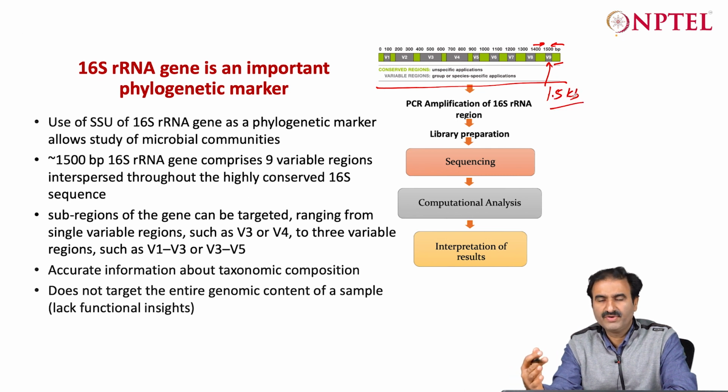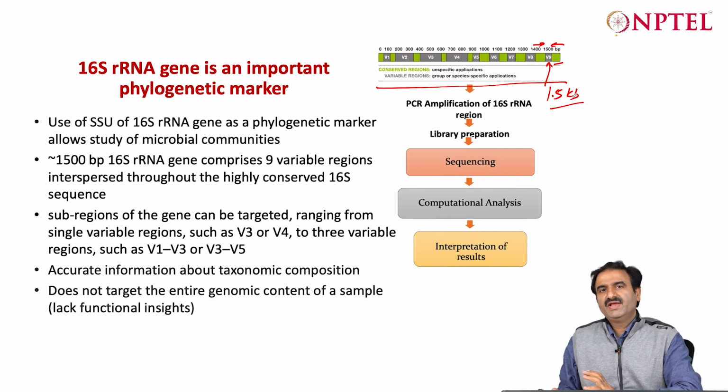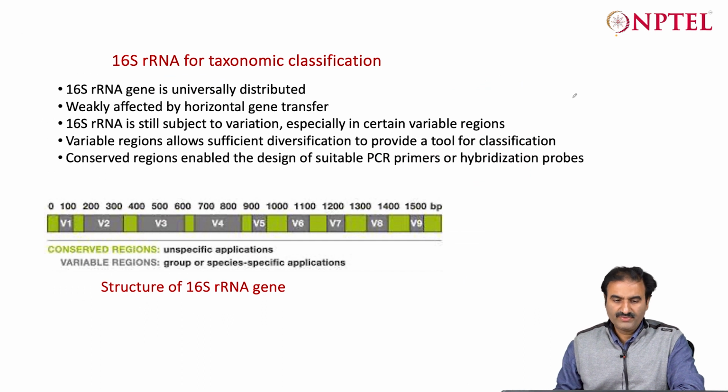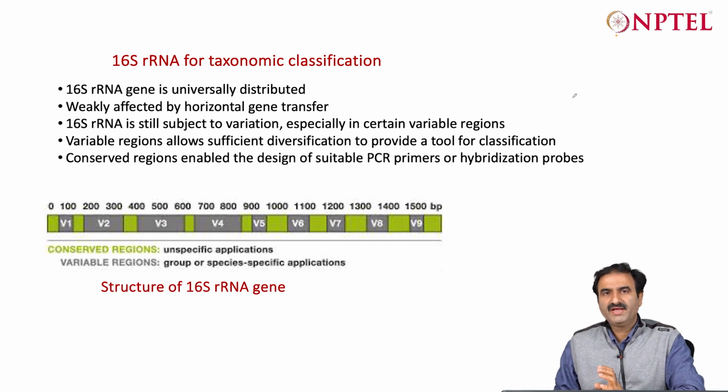It varies between different species and genera, but this is a very good indicator to identify the microbes. As we mentioned, we will also cover it later, but 16S ribosomal RNA is a very important gene to identify any microbe in a given environment.